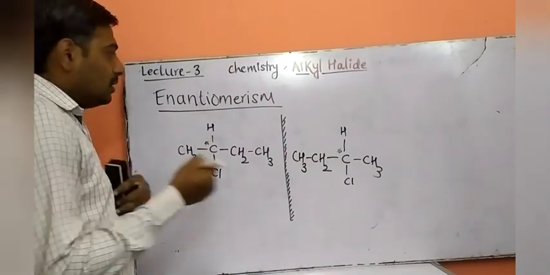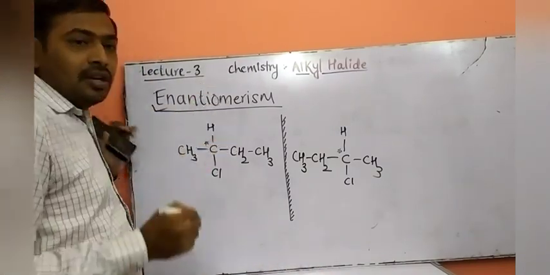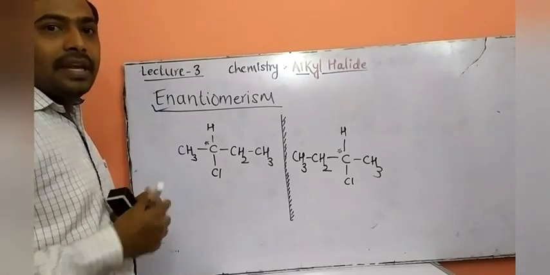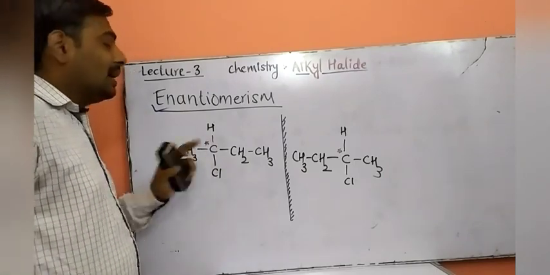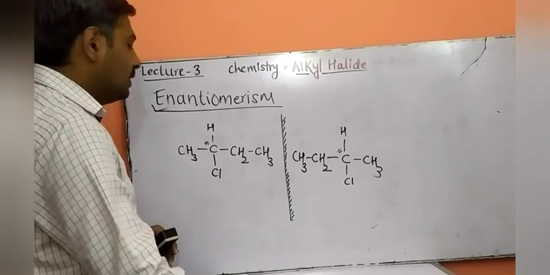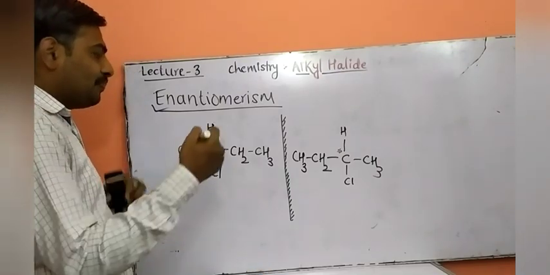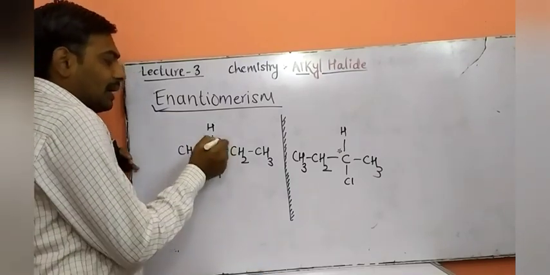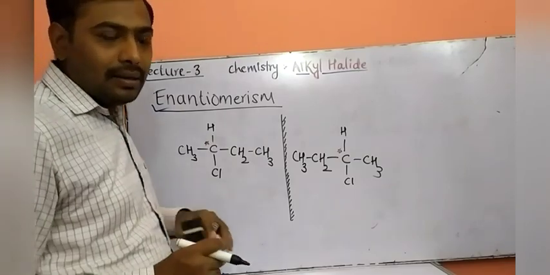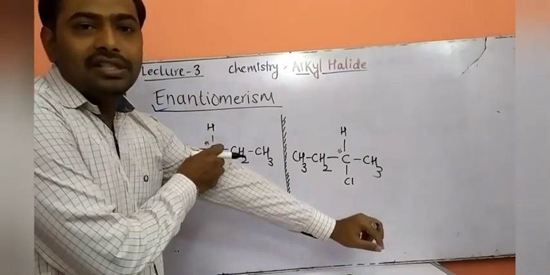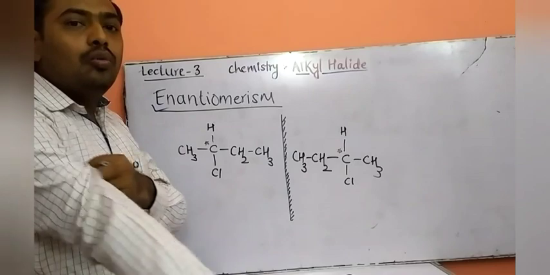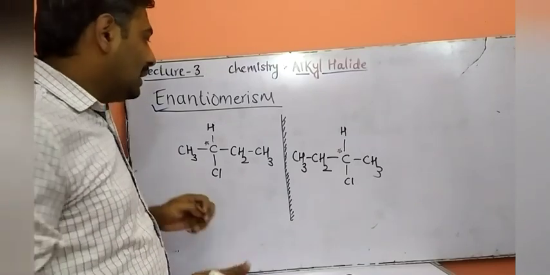Let's discuss the concept of enantiomerism. So what is meant by enantiomerism? Enantiomerism is related to the chiral carbon atom, as we already discussed. What is meant by chiral carbon atom? The carbon atom attached to 4 different groups of atoms is called a chiral carbon.